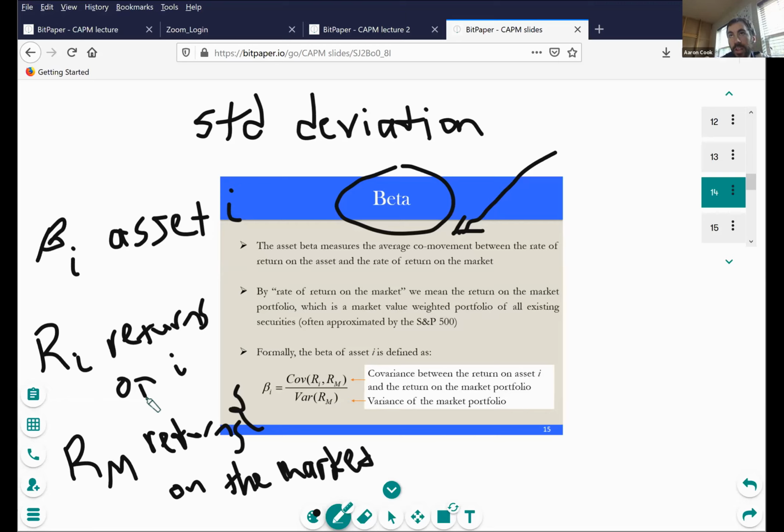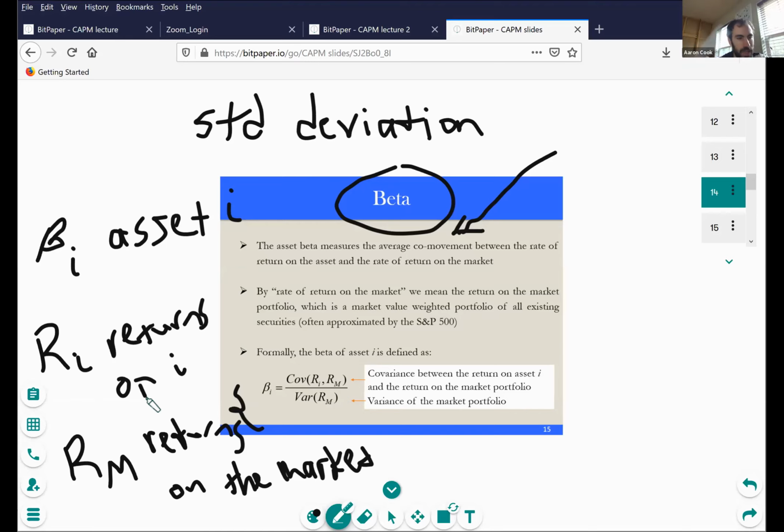We have the covariance of the returns on I and the returns on the market. So that's the co-movement, the way that the returns on the asset and the market as a whole move. Do those move in opposite directions typically?